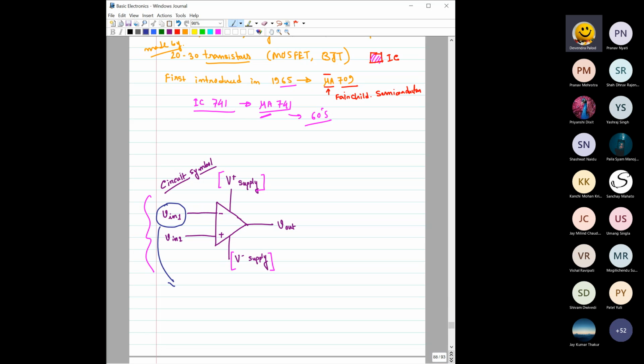This terminal is called the inverting terminal. And the terminal which is marked positive is called the non-inverting terminal.